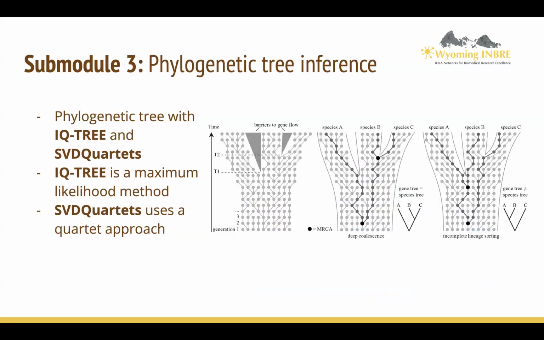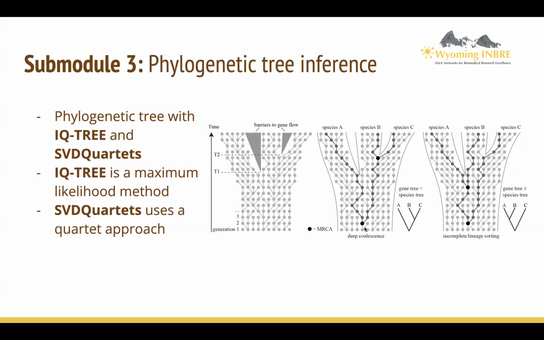The other thing I just wanted to briefly mention was the concept of ILS, or incomplete lineage sorting. When we're looking at multiple different loci, we might assume that each locus is evolving under one certain model. That's not the case that we see a lot of times. A lot of times we see different trees reflecting different histories.